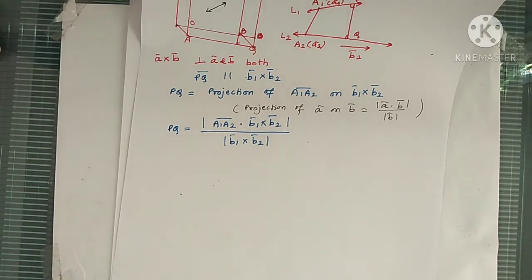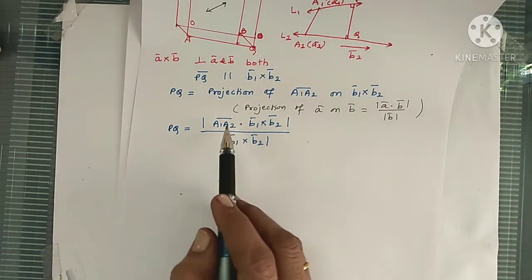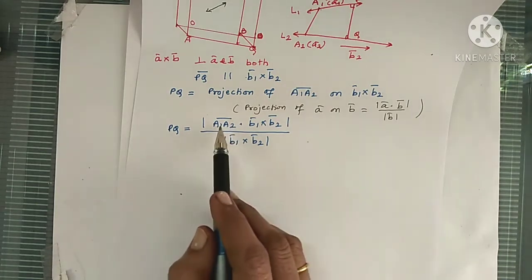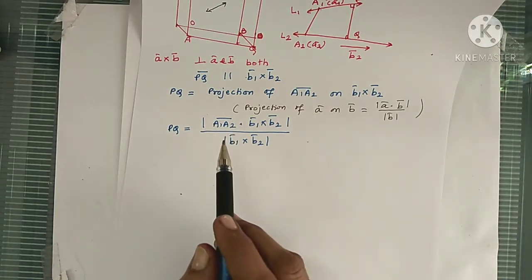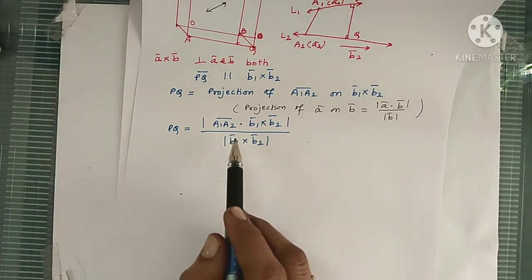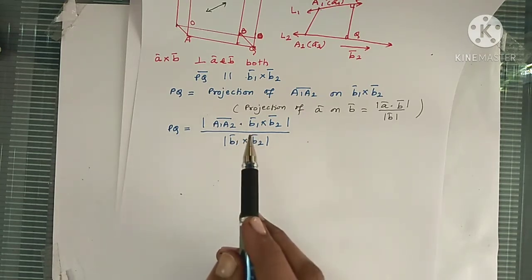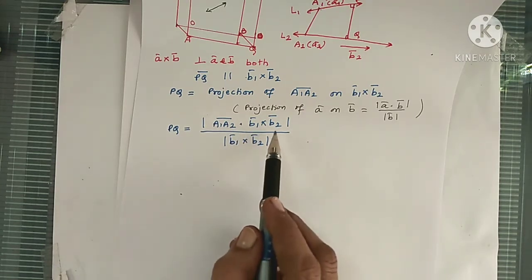Now let's revise what we need to find the distance. So first of all, we need a point each on those two lines: A1, A2 are these two points on line L1 and on line L2 respectively. b1 bar is the vector parallel to the first line, that is, the direction ratios of the first line.